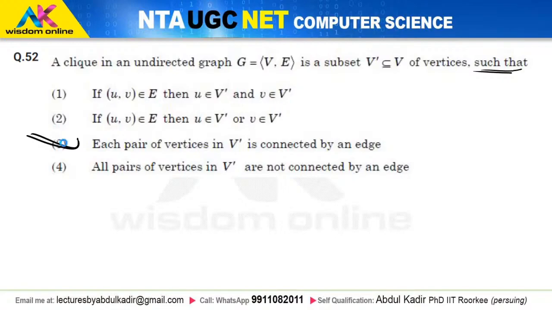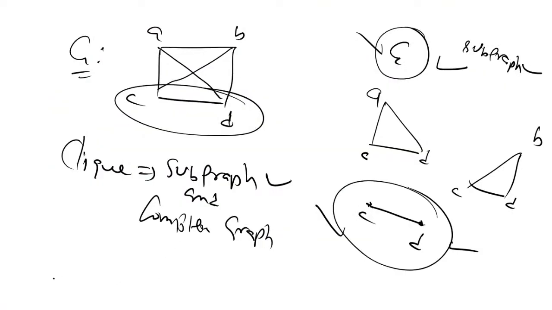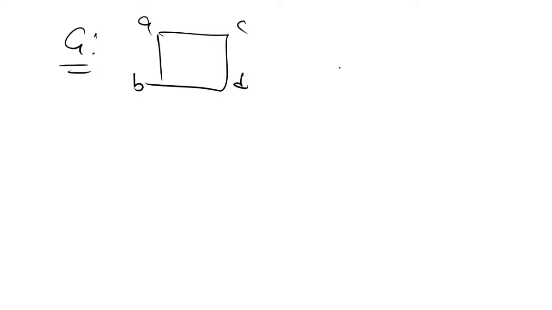See, an induced subgraph is a different thing. For example, take this example, A, B, C, D. This is your G. Then in this G, if you take the induced subgraph on A, B, C, then this will be your induced subgraph, because in an induced subgraph you can delete vertices.